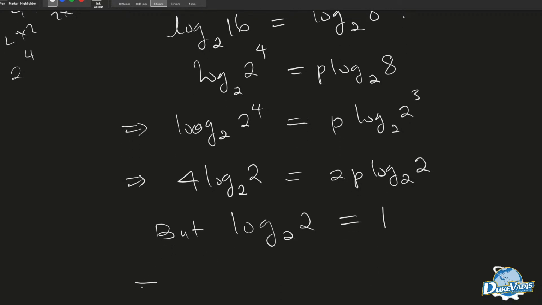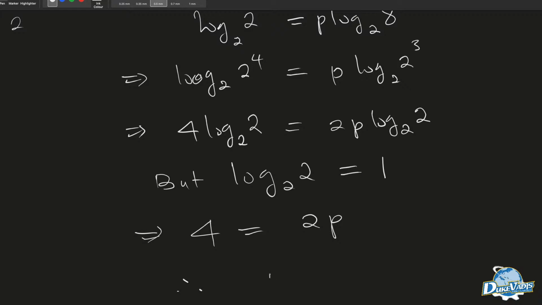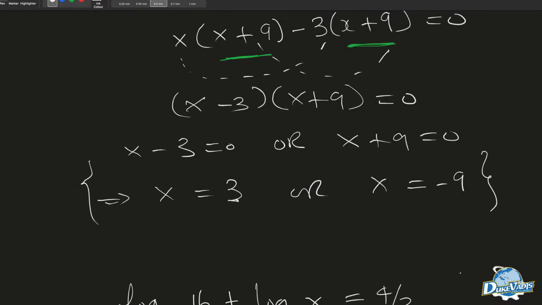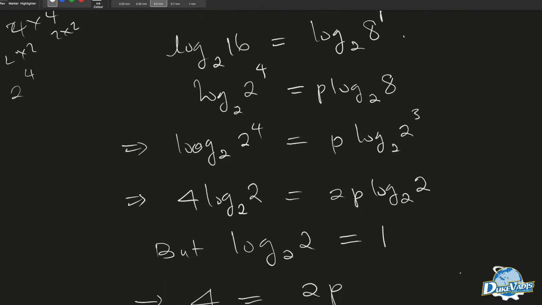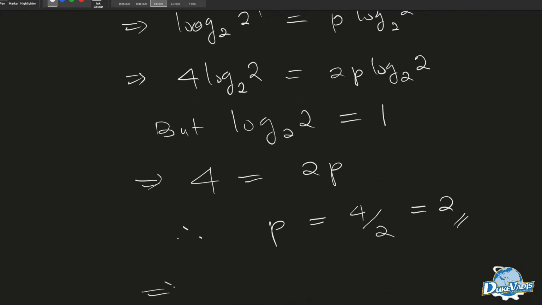So our left-hand side will be 4 equals 3p, and therefore p equals 4 over 3. So all this long thing we saw says log base 8 of 16 will be 4 over 3. So now this implies 4/3 plus log 2x is equal to 4 over 3.